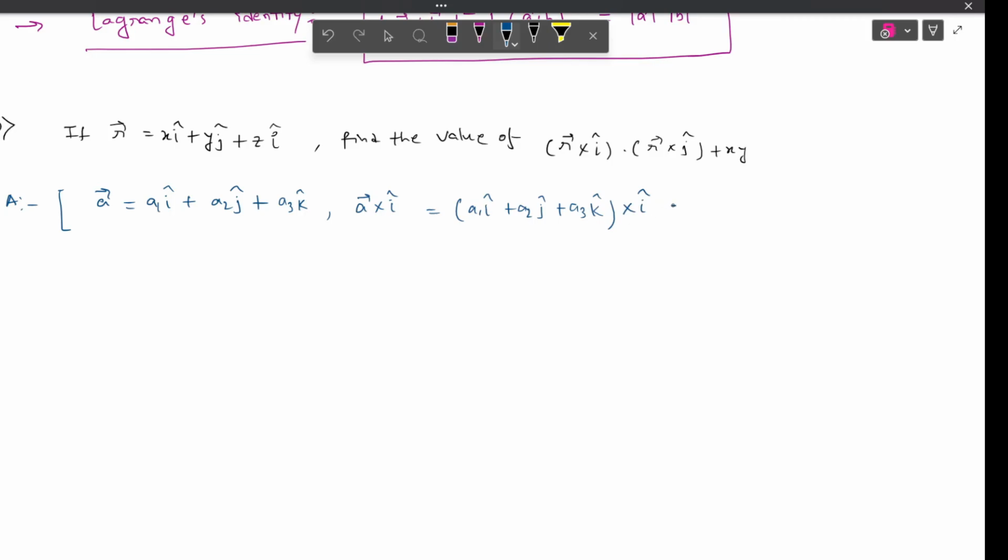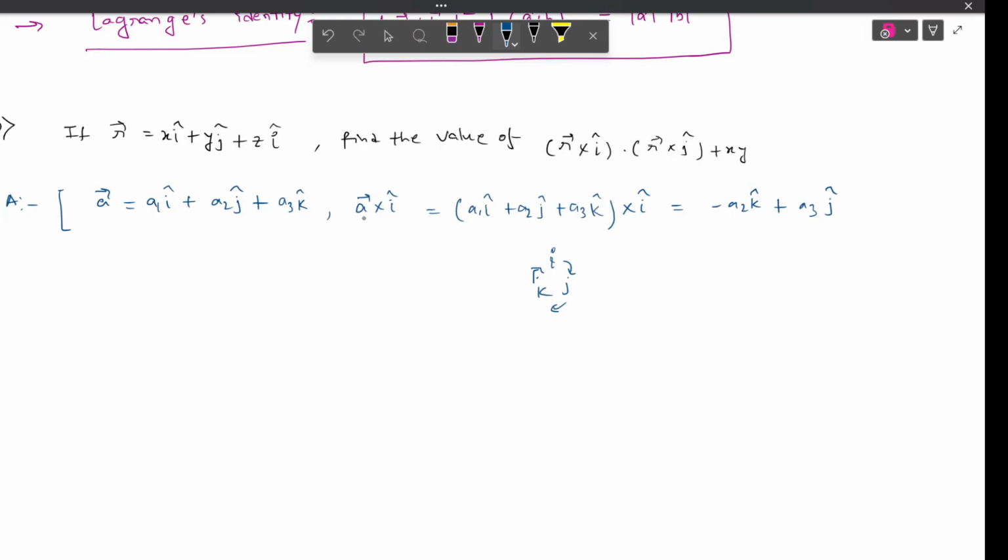That means see i cross i is 0. So we have to find out j cross i. So if we say i j k, then j cross i, this is minus k. So it would be minus A2 k cap, and k cross i is plus j cap. So it would be A3 j cap.